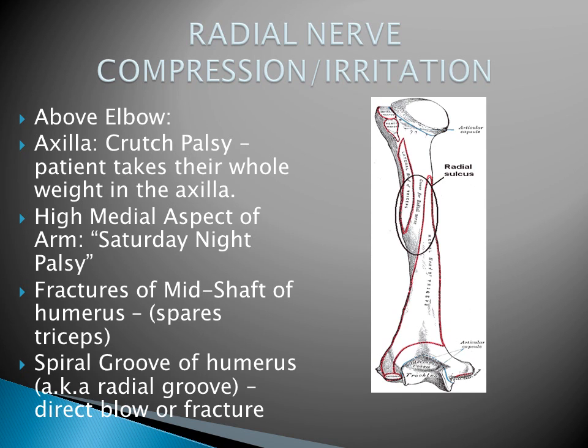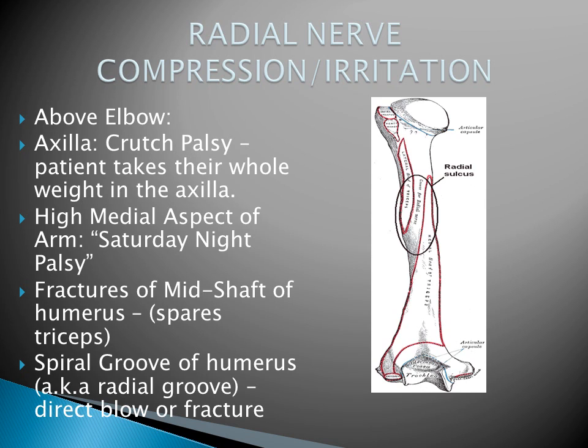Again, like Saturday night palsy, in this situation we would see sparing of the tricep muscles, because at this location the radial nerve has already given off its muscular branches to the triceps. However, all other radial nerve functions could be affected.